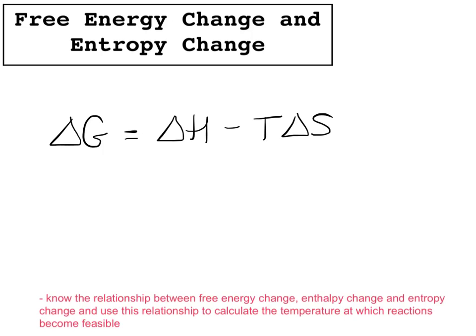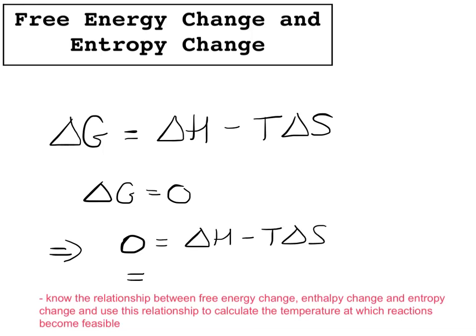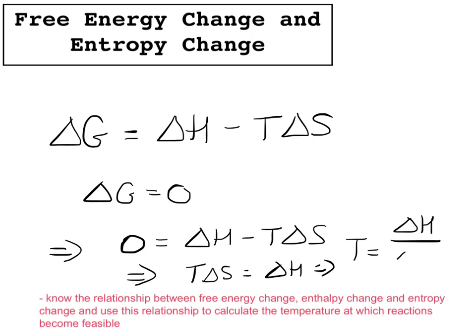Now, for a reaction to be feasible, delta G needs to be negative, and so the temperature at which the reaction becomes feasible is when delta G equals 0, which means if we rearrange this, we get 0 equals delta H minus T delta S, and so therefore we get T delta S equaling delta H, so you can then rearrange this to get T equals delta H over delta S, and that's what we can use in order to work out the temperature at which reactions can become feasible.